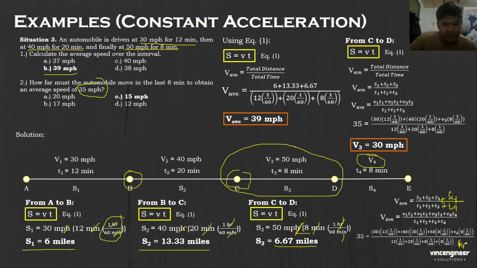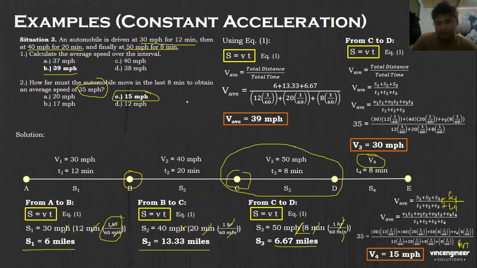Okay? We press the values on the calculator and get the answer: V4 is equal to 15 miles per hour. So that is 15 miles, letter C.